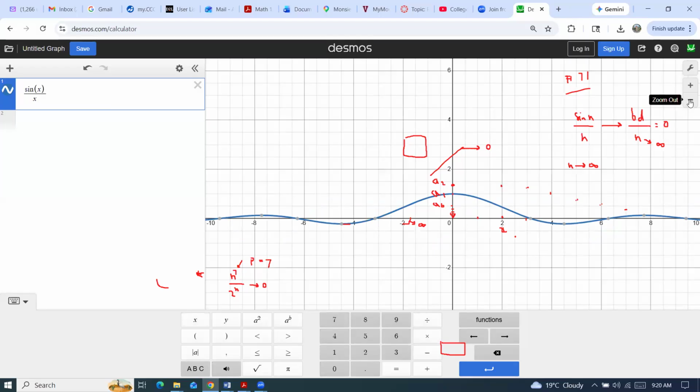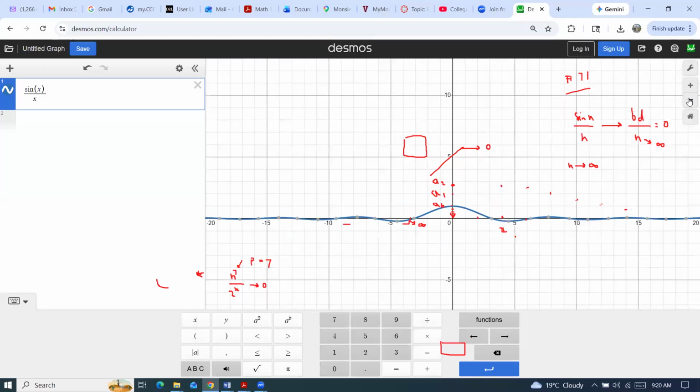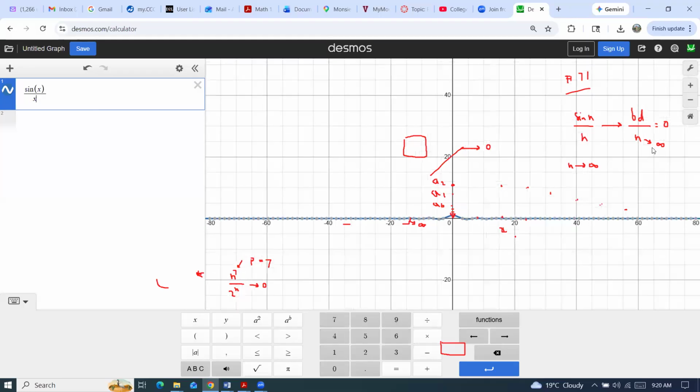If I zoom out a little bit, I will see that the graph starts to have its maximum smaller and smaller. So if you just keep going and going, you will see it turns into pretty much the x-axis. And that's what we already noted here. The limit is 0. Y coordinates of those points are 0.